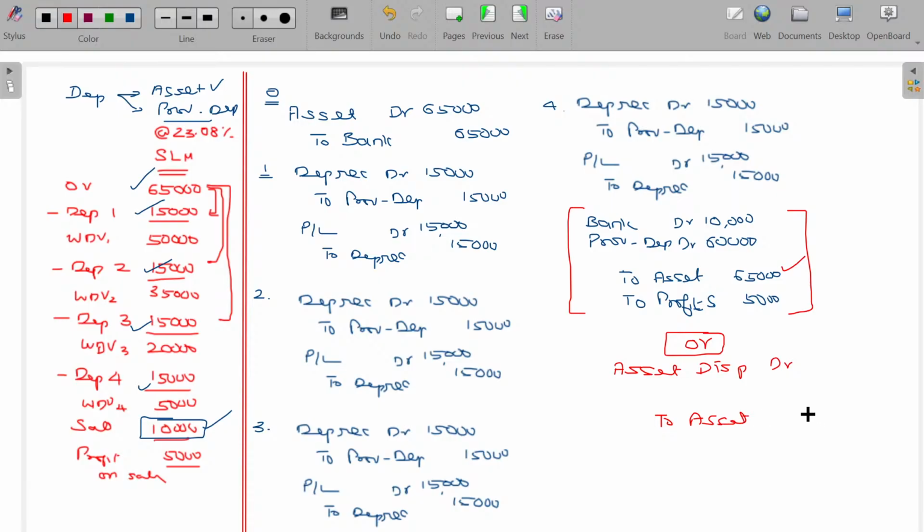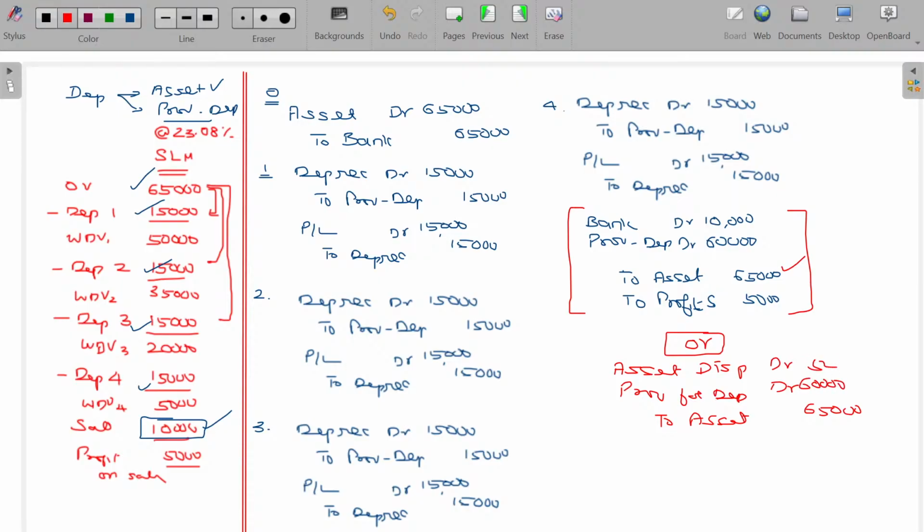The asset value under the provision model remains at its original value, which is 65,000. On transfer of the asset to asset disposal, the accumulated depreciation should also be transferred to the asset disposal account. So here, provision for depreciation, means accumulated depreciation on the asset disposed, which is 60,000 rupees.